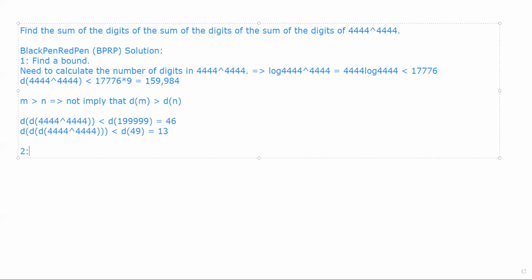Now, the second thing we need to do is establish congruency. There's a really nice formula for this: a number is congruent to D of n, the digit sum of the number, mod 9.